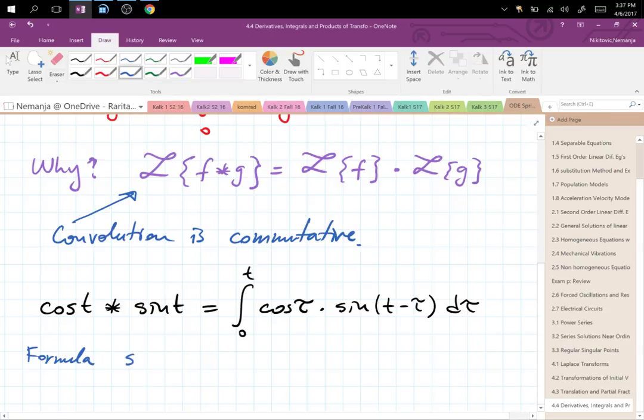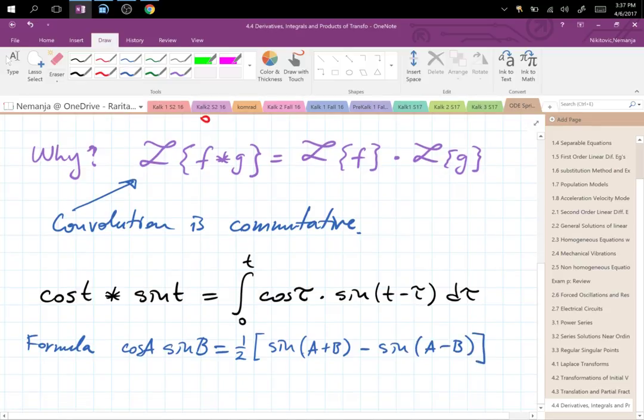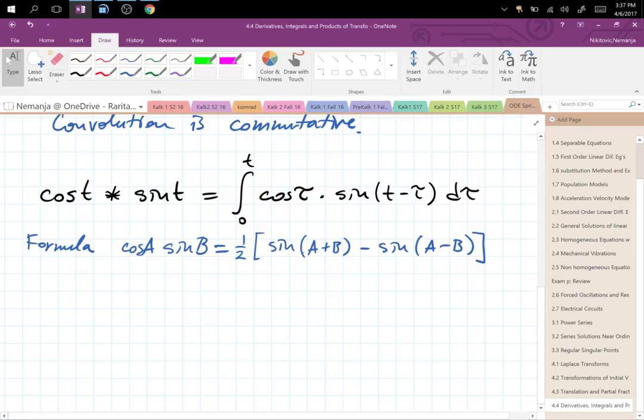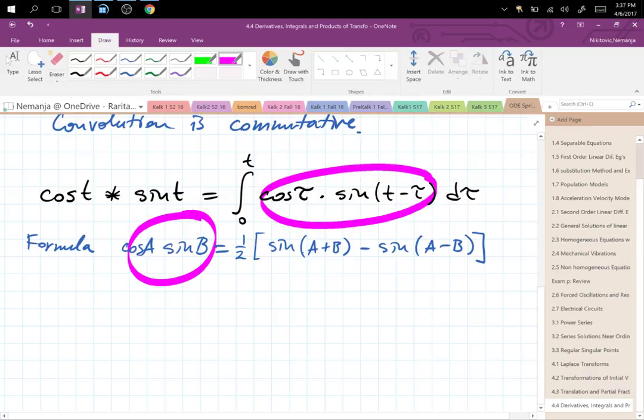So what is cosine A times sine B equal to? It's 1/2 times sine of A plus B minus sine of A minus B. So that's the formula, and by comparing this and this, A is tau, and B is t minus tau.